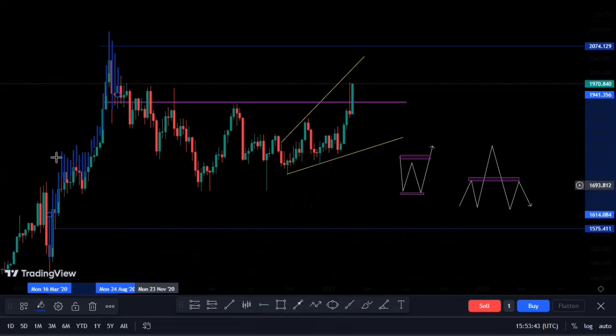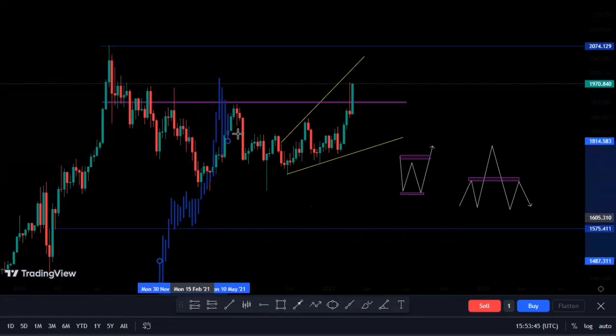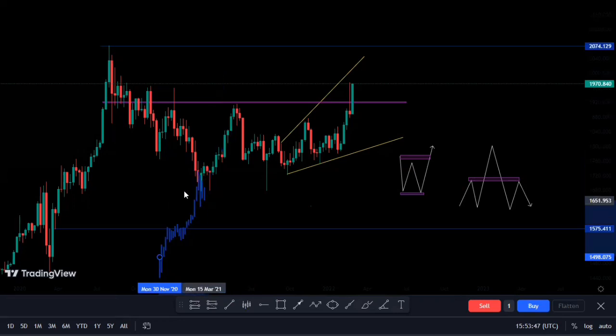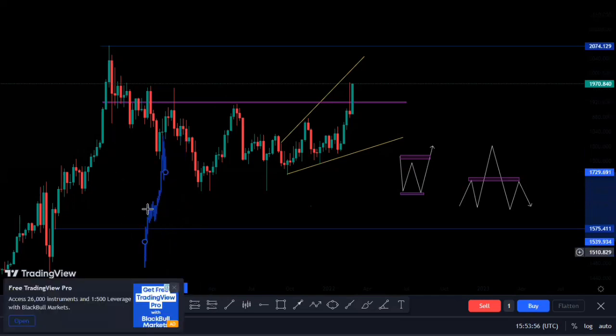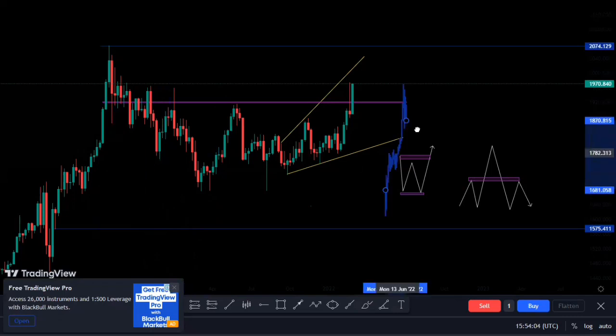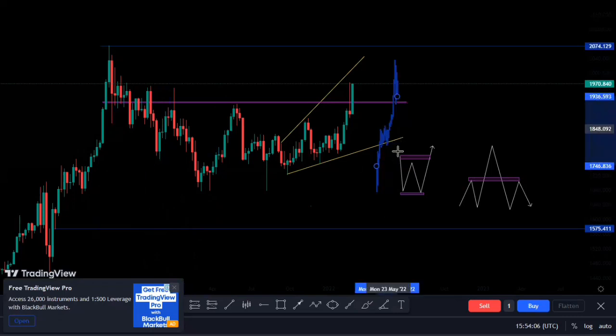You use your bar pattern and then backtest on it and check. If the market managed to give you an impulse, it has to give you a correction, then give you an impulse, and then you say, okay, from this price that I'm seeing here, I can also anticipate something like this, but in an opposite direction.